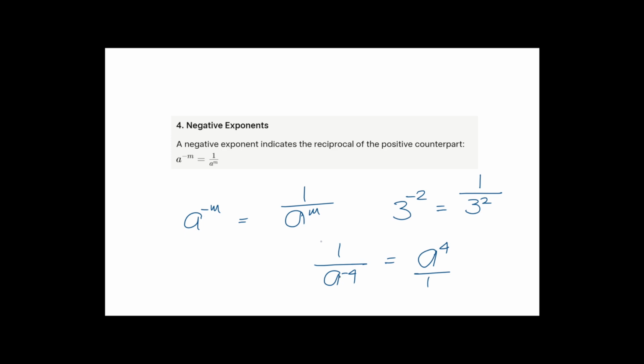That's a terrible 4, that's better. That makes a lot more sense. So if the exponent goes across the fraction line, it will either lose or gain a negative sign.